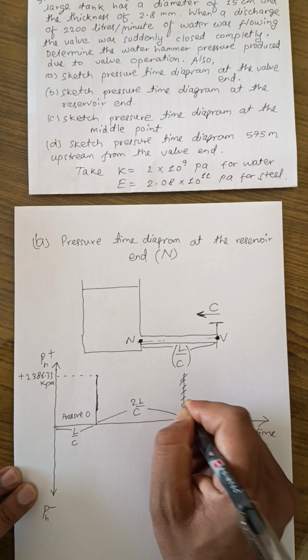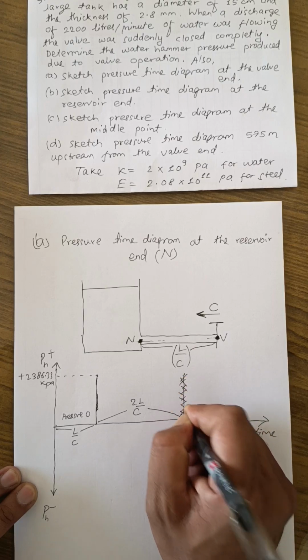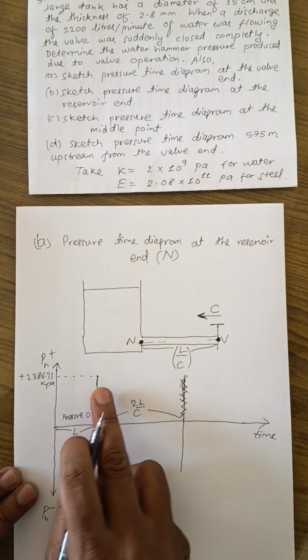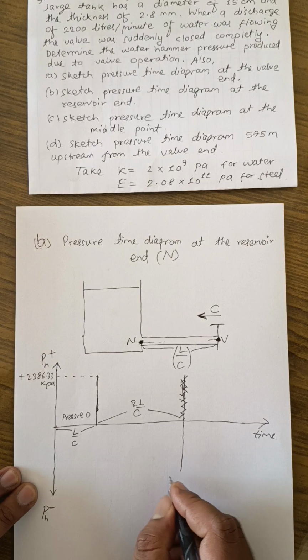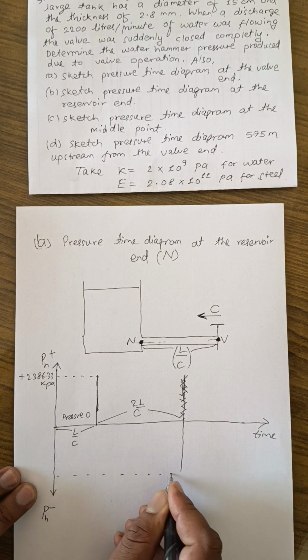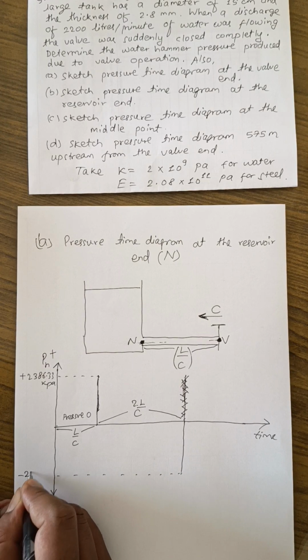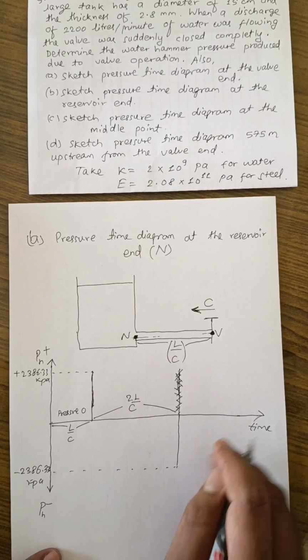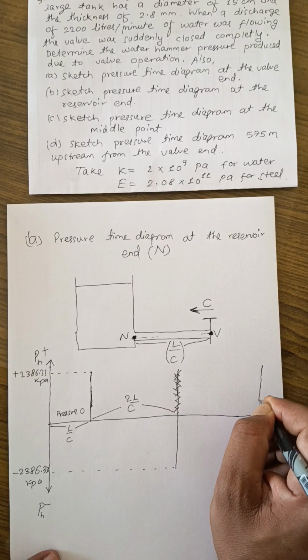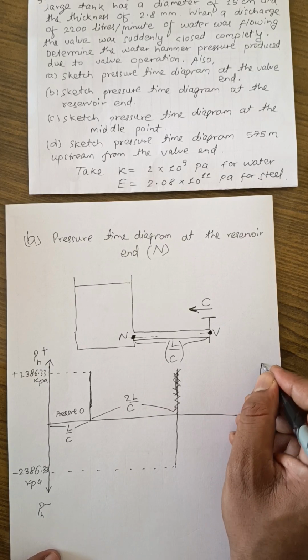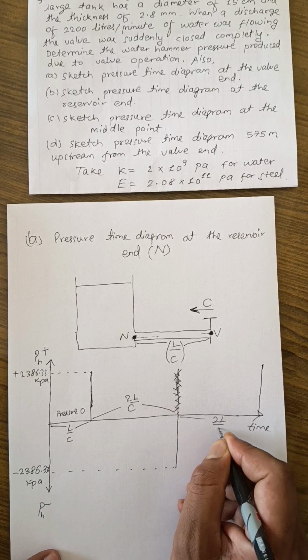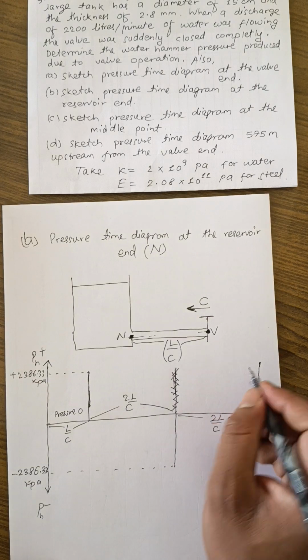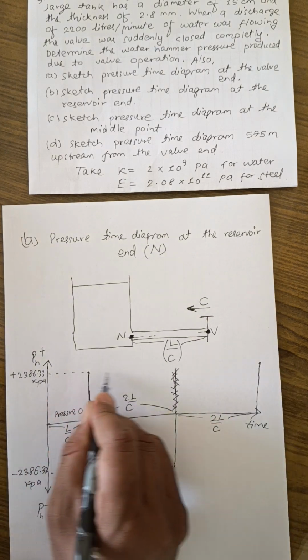You cannot draw this upward. At the first point the elastic compression is occurring, and after this the elastic tension is occurring. So at this point there is a pressure of minus 2386.33 kilopascal. This is how you have to draw. After this, again the positive pressure comes, a vertical line only. After this 2L by C time, the pressure is again plus 2386 kilopascal.